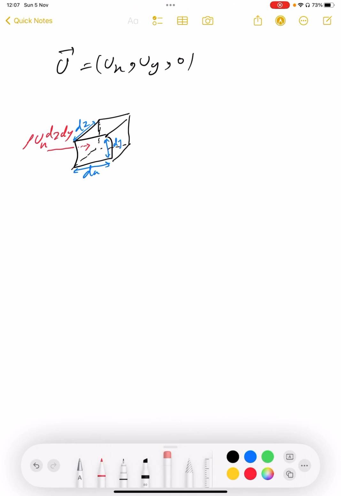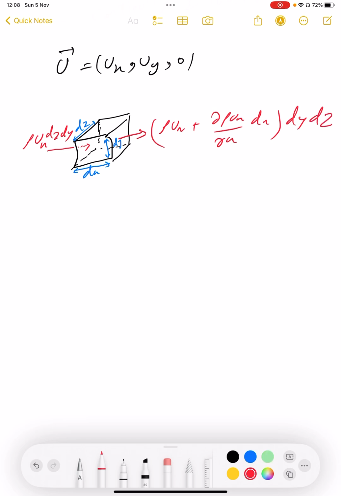And okay, let me wipe this thing out. Don't create a mess. I have a tendency to create a mess quite easily. And the amount of the fluid which is coming in x direction from the other surface would be, if I use a Taylor series expansion, that would be rho ux plus variation of rho ux in x direction multiplied by dx multiplied by dy dz, right?